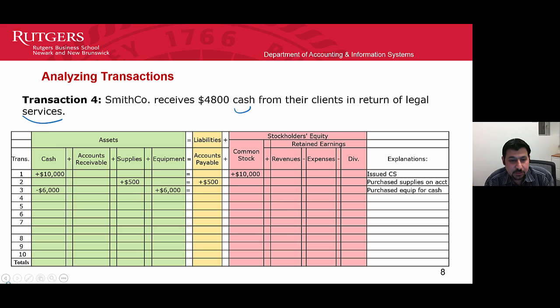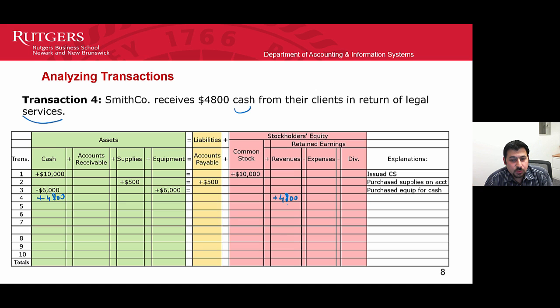So basically what we have here is cash has increased by 4,800 and revenues have also increased by 4,800. So those services that were provided are actually revenues that the company has earned.